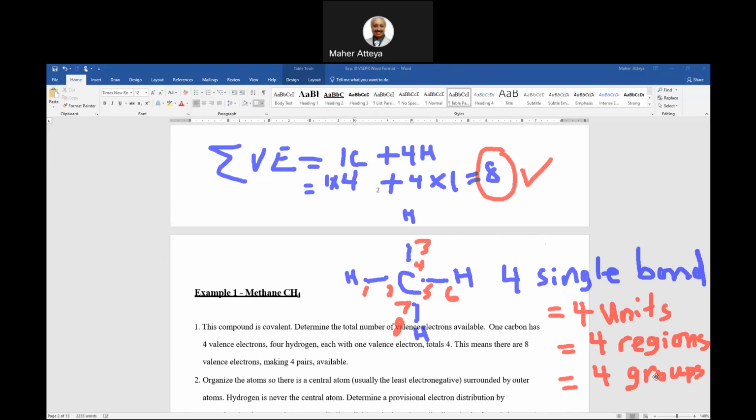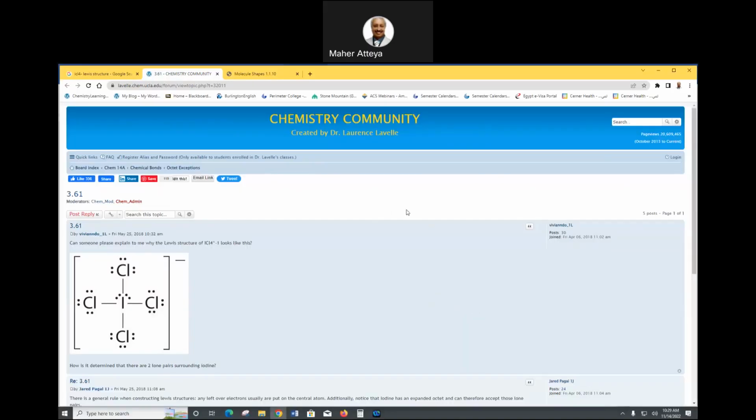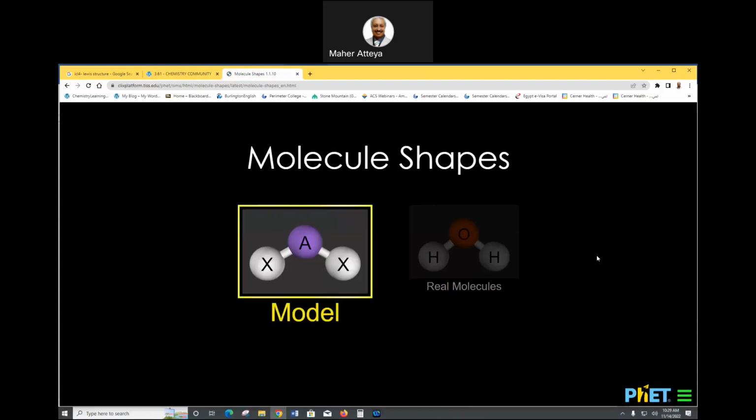So we have 4 single bonds. If we have different ones, we'll see some examples here. Now, let me see how we are looking at the methanes here. Let me go to sharing. I'm stopping sharing here, and I want to share with you this one here.